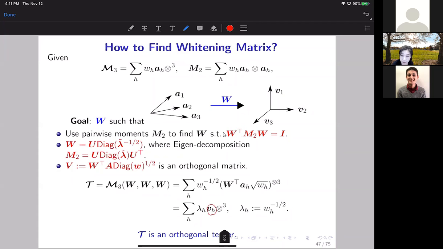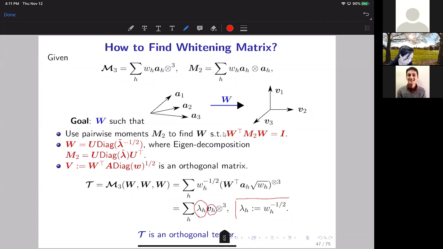However, very importantly, the coefficients for each component have changed, but not arbitrarily. It is the original coefficient with power minus half.